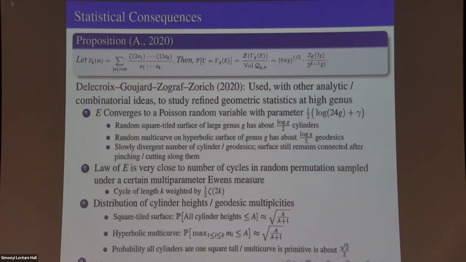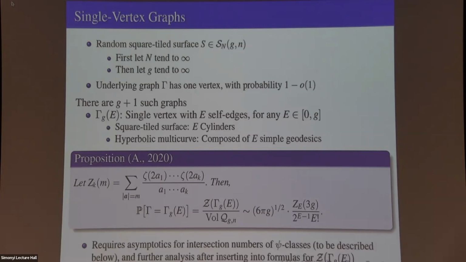Okay. So let me mention a few statistical consequences of this. So I mentioned one of them, which was that my graph. Sorry, go back. Yeah. You're using that to see the series. Now m is fixed. That's a finite sum. So this thing is just a number. And now the statement is the probability that my graph has e edges is given by basically the Z_e of 3g up to some factors.